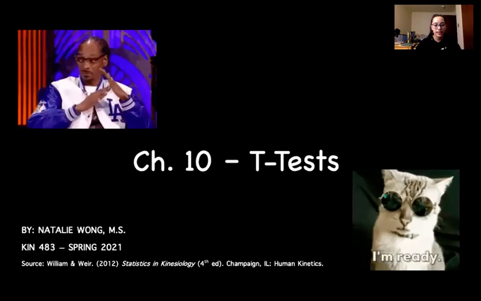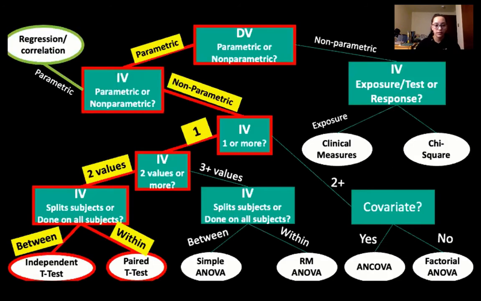And let's look at our decision tree to figure out what we're actually looking at. So we've kind of crossed correlations and regressions off our list. That's when we had both parametric dependent and independent variables. This week, we are switching gears. Our dependent variable is still going to be parametric data, so ratio or interval. For our cases, it's mostly going to be ratio.